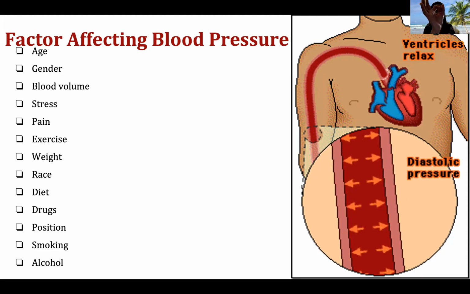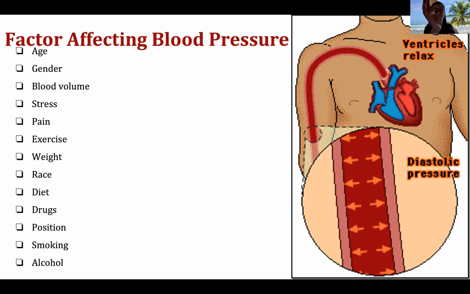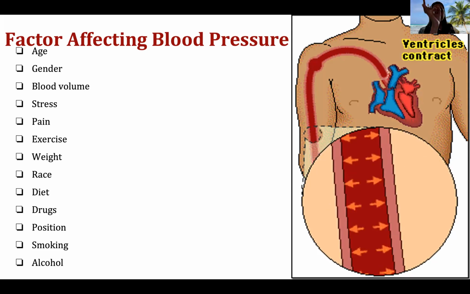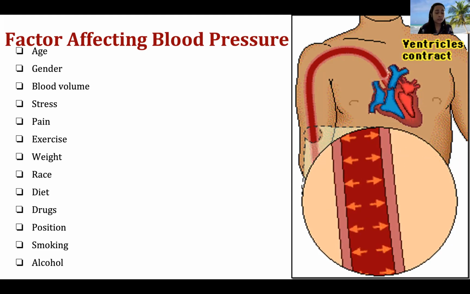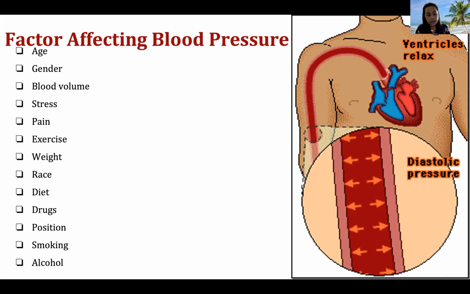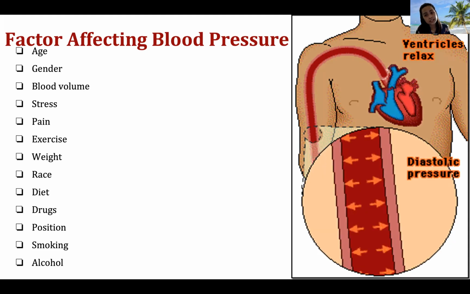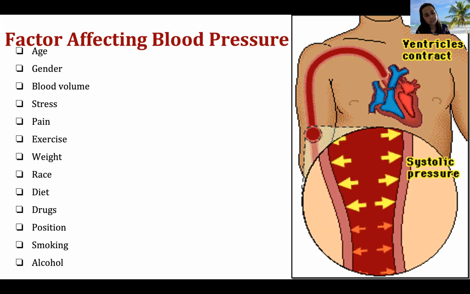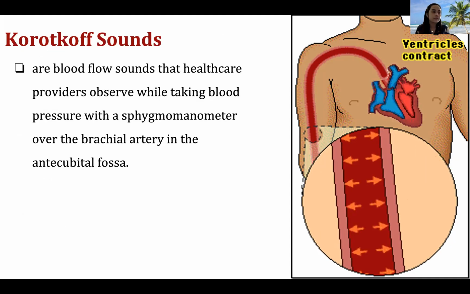If you're taking a cigarette, the nicotine contained in it will decrease the diameter of the blood vessel, so it will constrict it and cause hypertension. Alcohol also affects the blood pressure because it is a downer, so it will decrease your blood pressure.